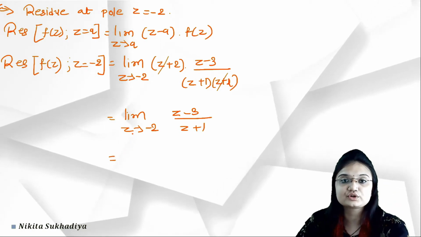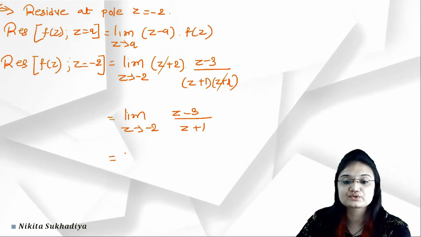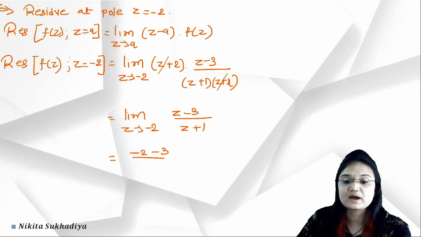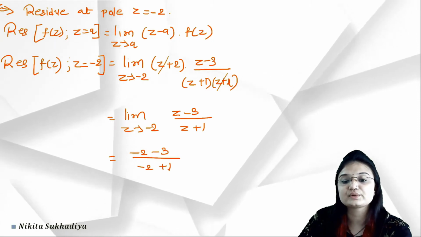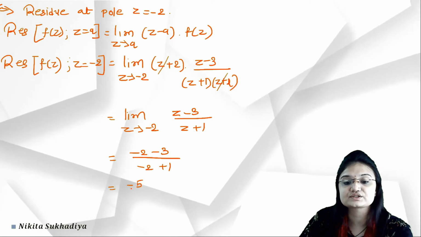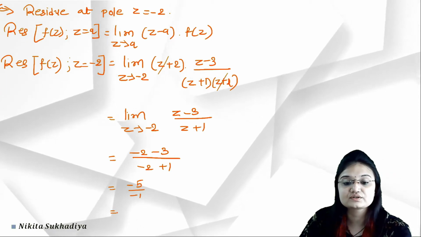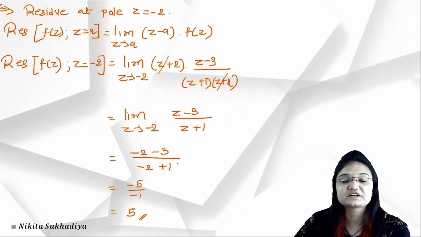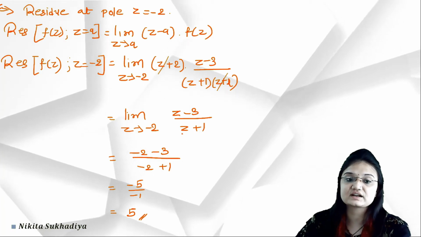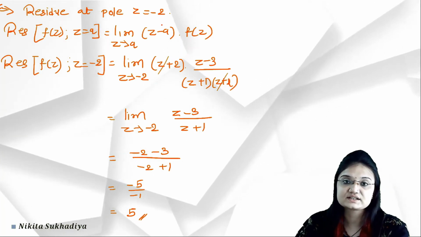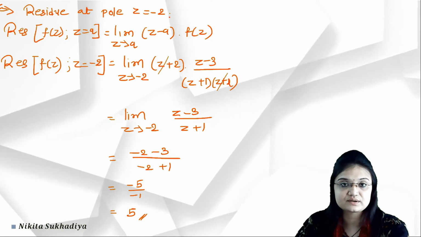Now put z is equal to minus 2. So we will get minus 2 minus 3 upon minus 2 plus 1. So this will become minus 5 upon minus 1, so we will get the answer plus 5.